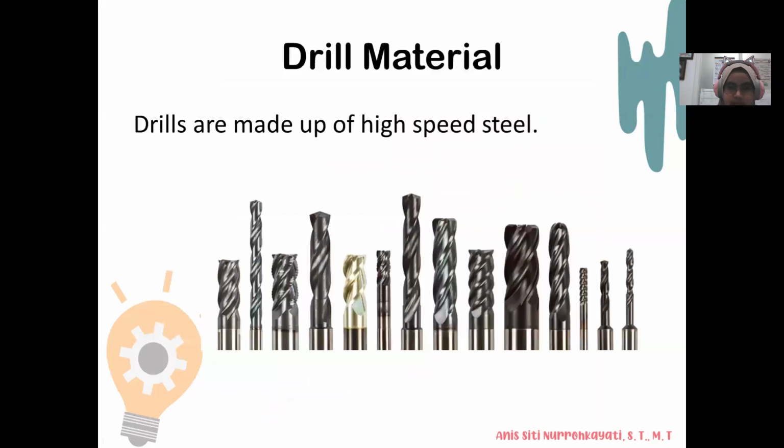Okay, next, drill material. Drills are made out of high-speed steel. High-speed steel is used for about 90% of all twist drills. For metal more difficult to cut, HSS alloys of the high cobalt series are used.